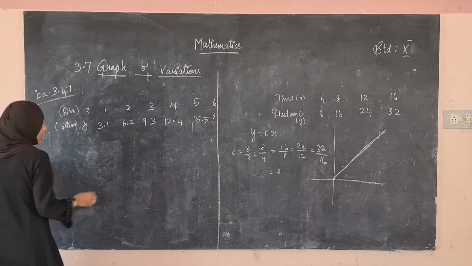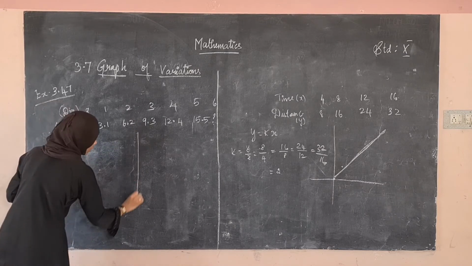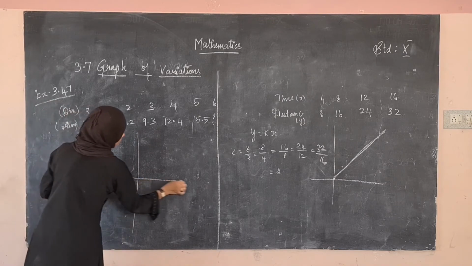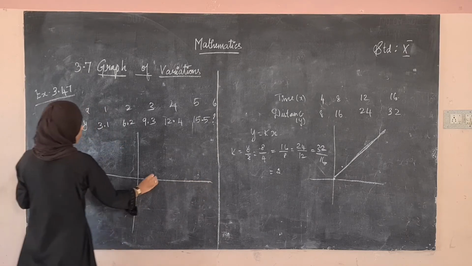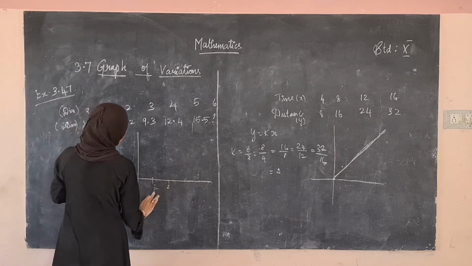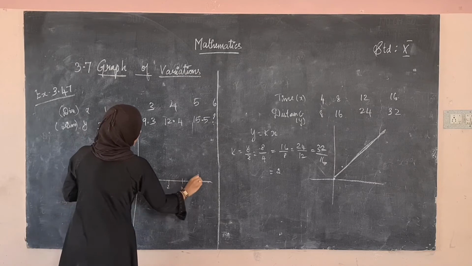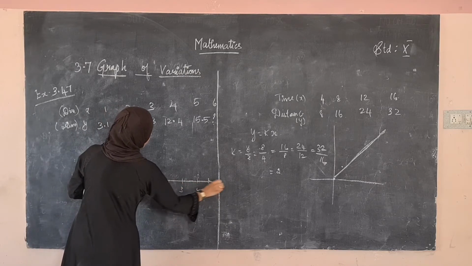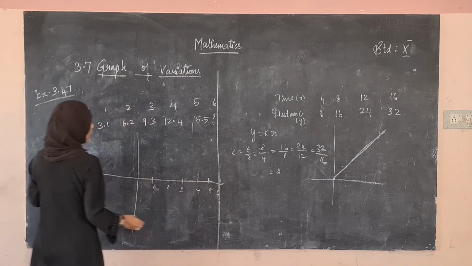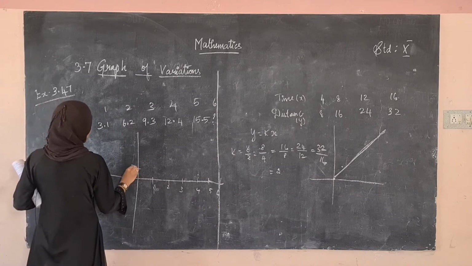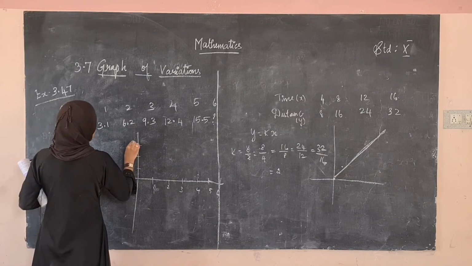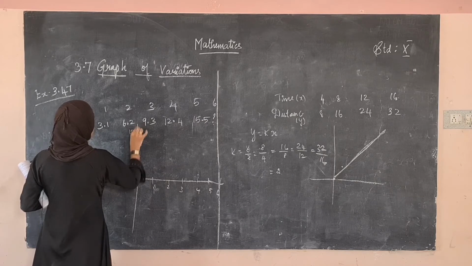So shall we draw the graph first? 1, 2, 3, 4, 5 and then 6. So this is 3, 6, 9, 12, 15.